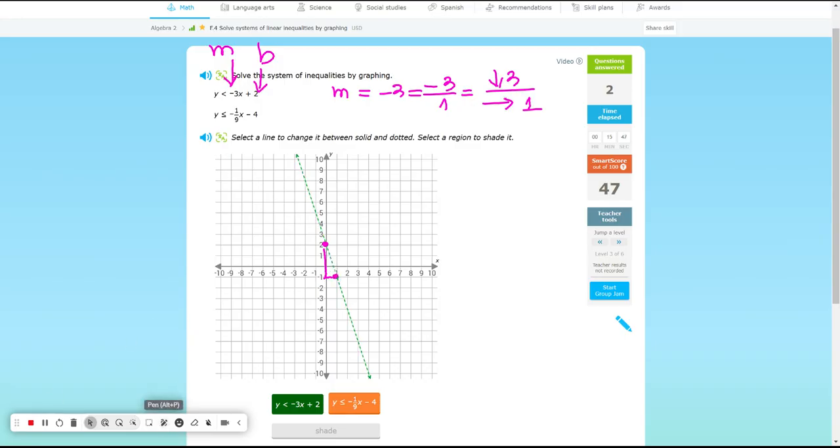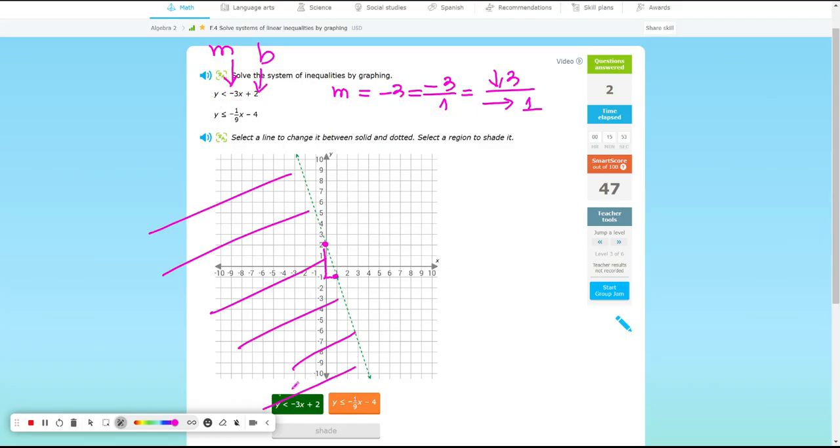Now if I shade it less than, I should shade below. All right, this is below. We cannot use the shading tool yet until we're done with the 2 boundaries. So click on the other boundary. You can see now the b is negative 4. So go and find negative 4.